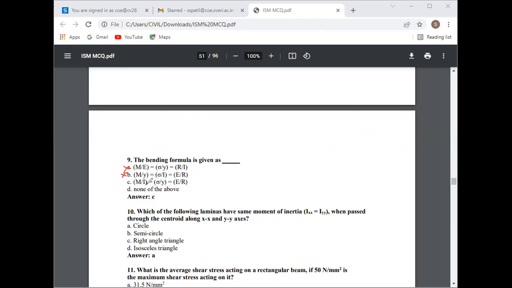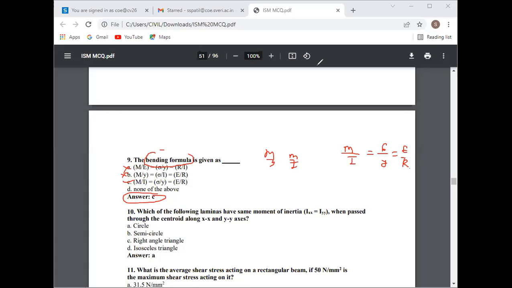Then M by I, which is equal to sigma by Y, which is equal to E upon R. आता इथं आन्सर आहे म्हणून तुम्हाला लक्षात येते, पण ज्यावेळी एक्झाम मध्ये हा क्वेश्चन विचारला जातो त्यावेळी आपल्याला लक्षात येत नाही एम बाय वाय होतं का एम बाय आय होतं का. सो फॉर दिस यू हॅव टू रिमेंबर दिस बेंडिंग फॉर्म्युला M by I which is equal to sigma by Y, which is equal to E upon R.